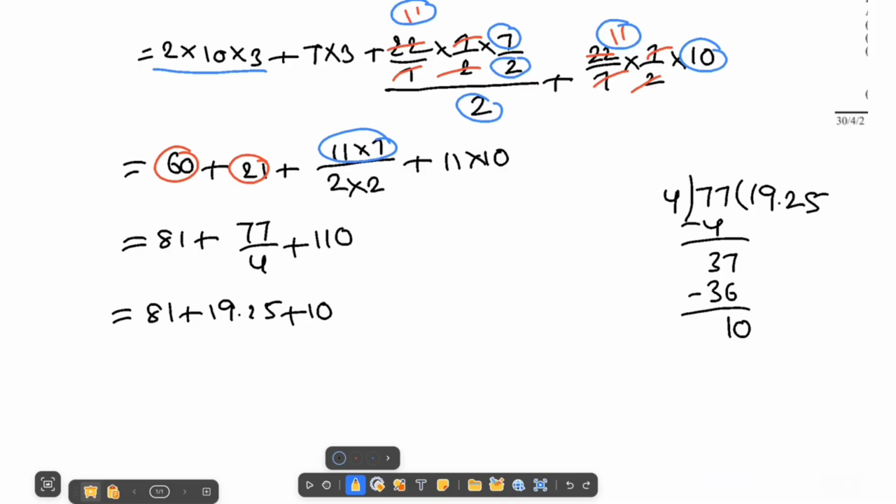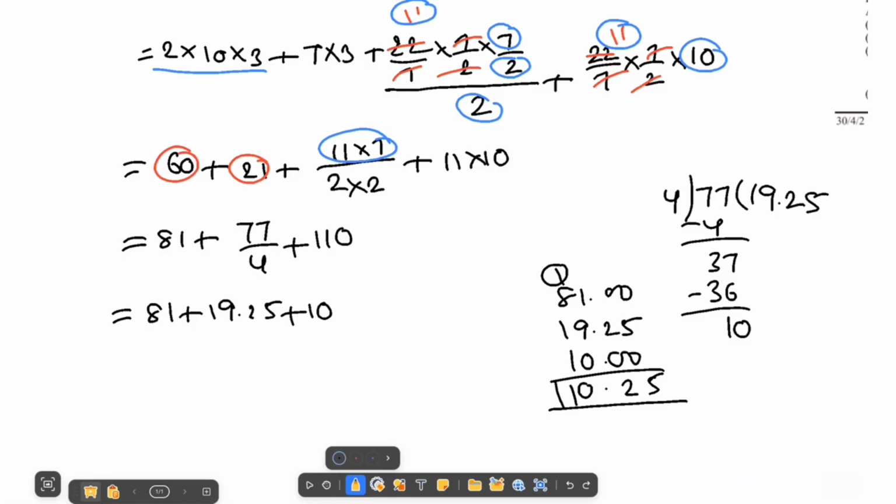Now if you add all the numbers, 81, 19.25, and 10, so this is 110, right? Sorry.